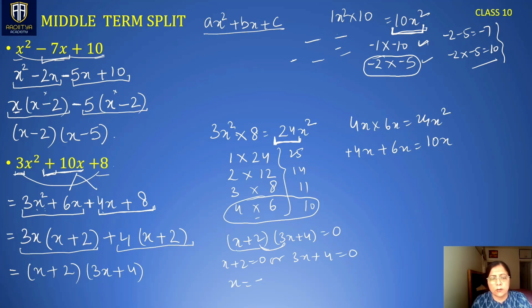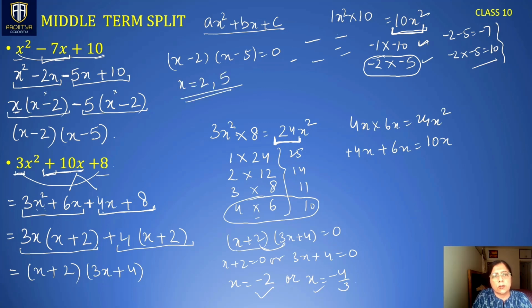So we can write x is equal to minus 2 or x is equal to minus 4 by 3. So we have found two zeros of this expression. And in the first case, if I equate x minus 2, x minus 5 is equal to 0, we get x is equal to 2 or x is equal to 5 as two zeros. So this is the method of splitting the middle term and finding zeros in a quadratic polynomial.